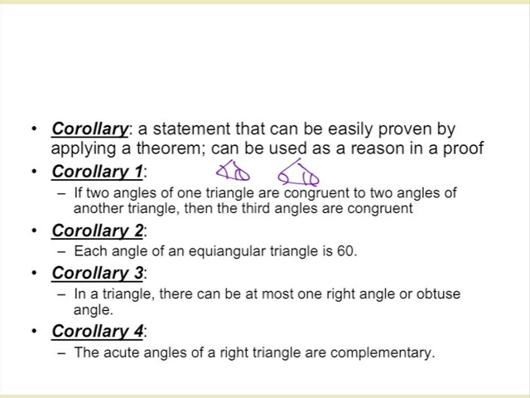Corollary 2 says, each angle of an equiangular triangle, so all three angles are the same size, should be 60. Well, if there's supposed to be 180 inside of there, and they're all the same, 180 divided up by 3 is 60. So that makes sense. Corollary 3 says, in a triangle there can be at most one right angle or one obtuse angle. Why?